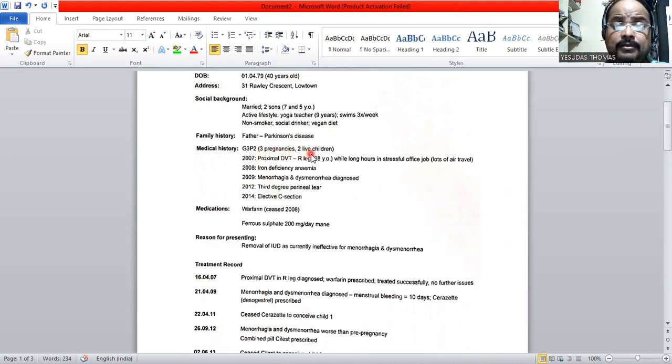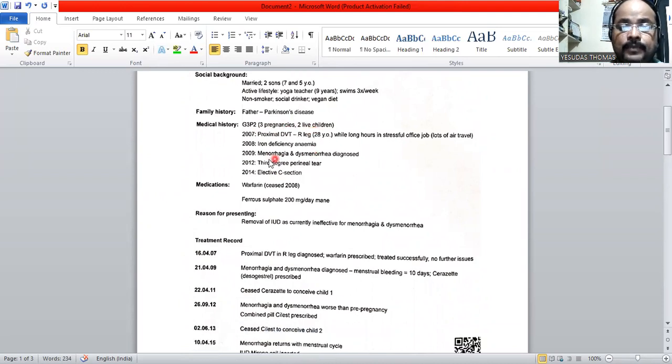Again, we have 2 live children, so we are going to write about that. Now we don't want this proximal DVT because it's not related. We can say iron deficiency anemia if you want, but I don't think that is relevant to the present situation because it happened long ago, almost 10 years ago.